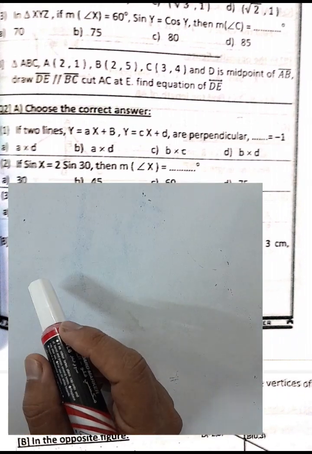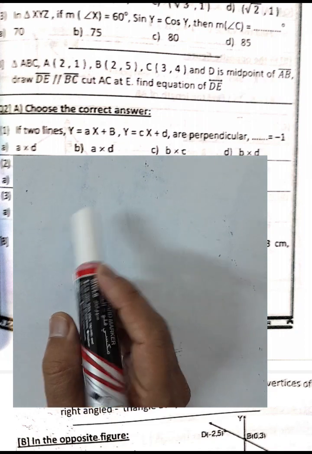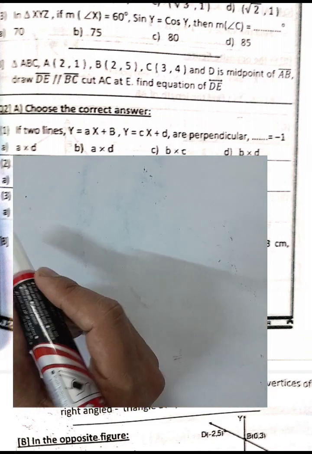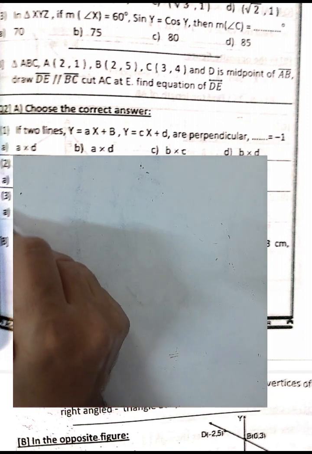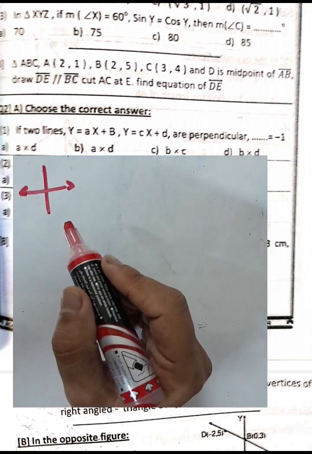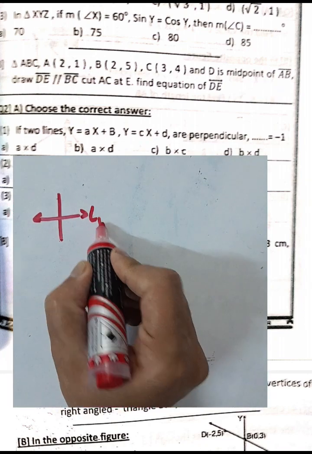Next, question number 2, letter A. Choose the correct answer. If two lines y equals ax plus b and y equals cx plus d are perpendicular, then blank equals negative 1. We know L1 is perpendicular to L2.